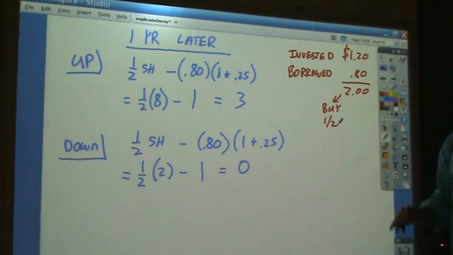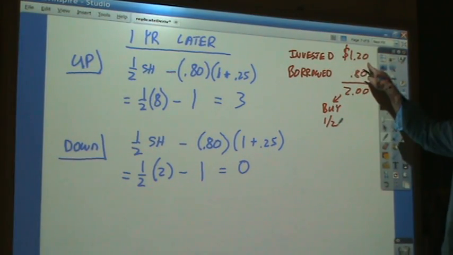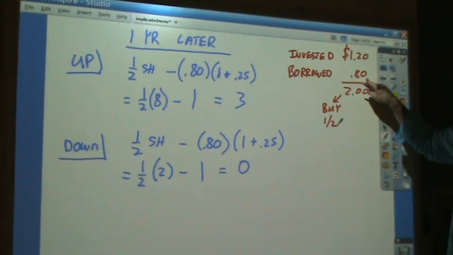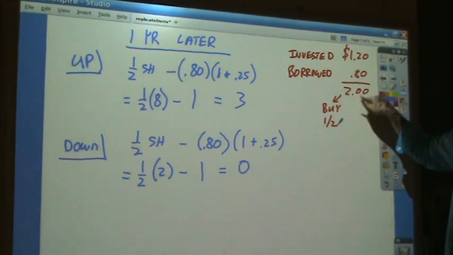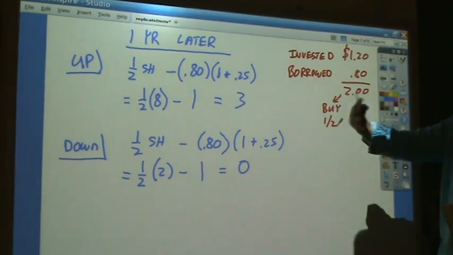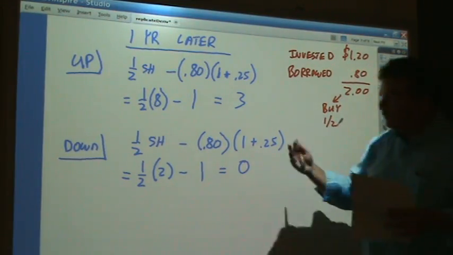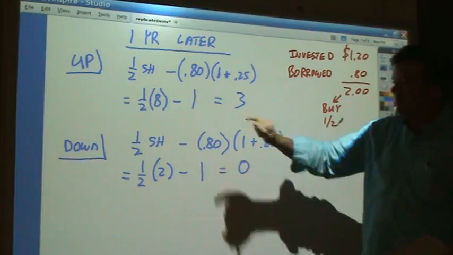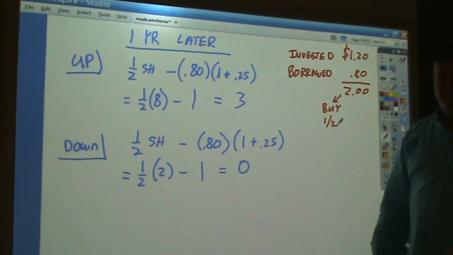It's just some weird thing we came up with to do. We started with $1.20 of our own money, borrowed 80 cents at the current interest rate, which is 25%, gave us $2, we bought 1/2 share. Where are we 1 year later? No matter what, we own 1/2 share and we owe the bank $1, no matter what.